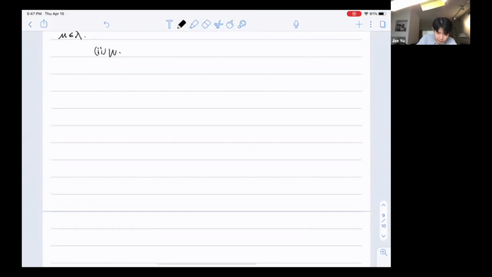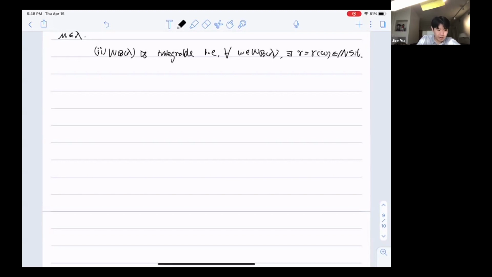Secondly, we know this W_B(lambda) is in fact integrable. That is to say, for any element w inside W_B(lambda), we can find some natural numbers, which depend on this w, such that we can annihilate this w by divided powers of E_i and F_i.